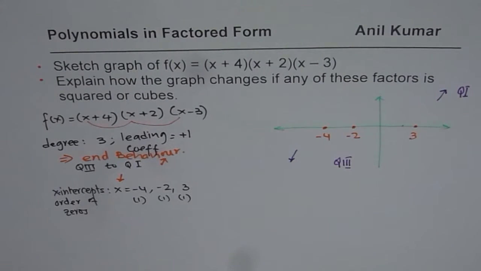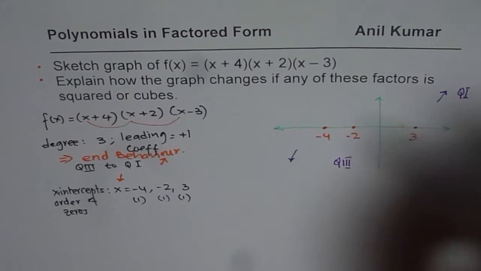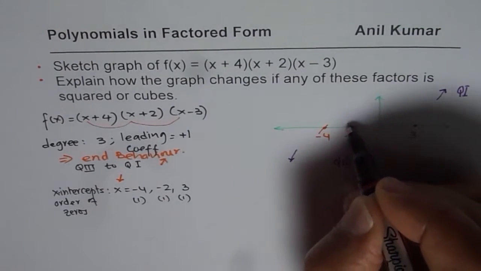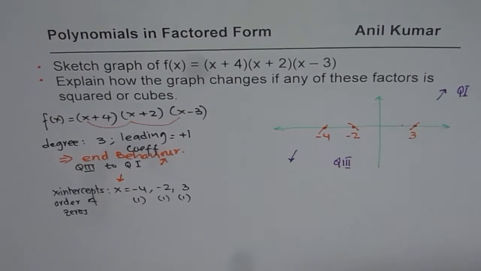Now each zero is linear. That is to say that the graph will cross these zeros like a straight line. Since it is linear, the graph will cross like a straight line. We are starting from quadrant 3, so it will go like this, come back at 0, and go like this. Now connecting these will give us the graph.